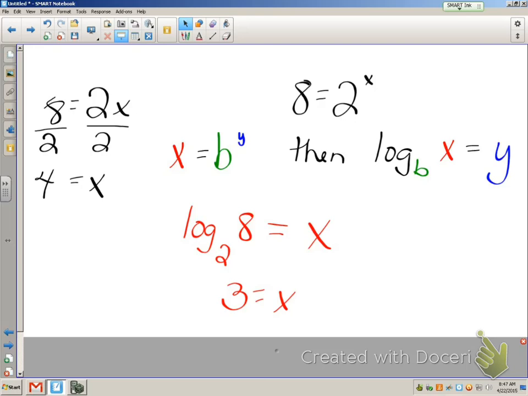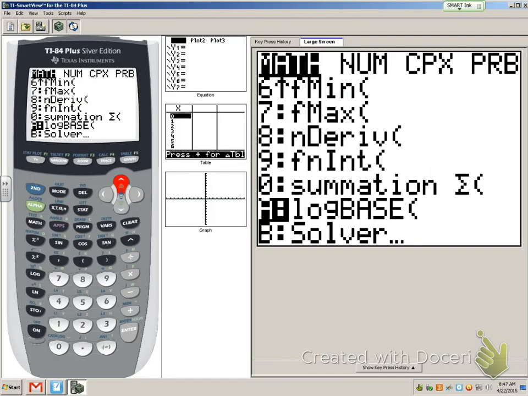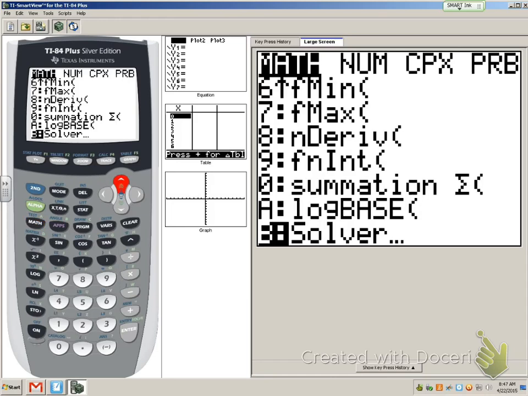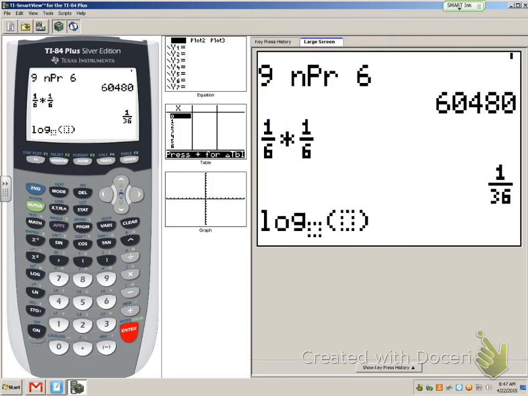So what we can do is you can use the graphing calculator. If you hit the math button, let's walk through these steps together. Hit math. I hit the up button instead of down. You can go all the way down to b, but it's shorter if you go up to log base. Hit enter, and it gives me the formula to type in.